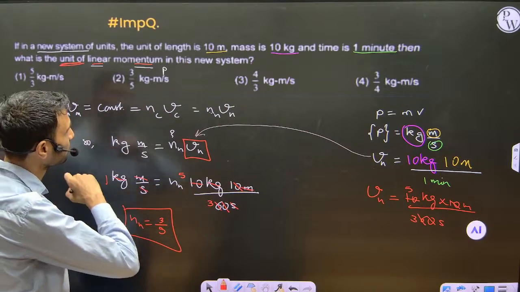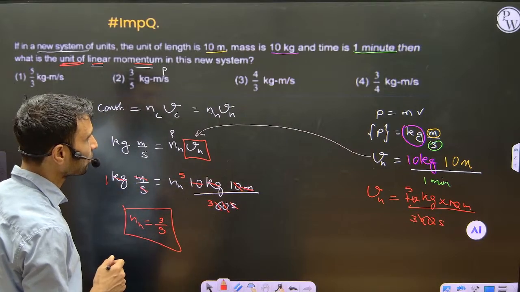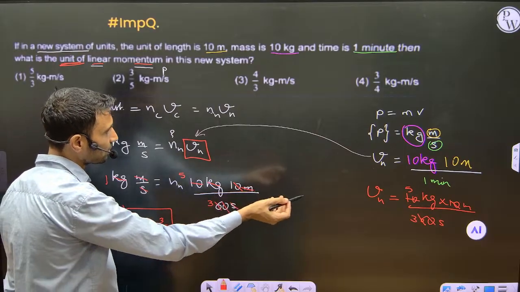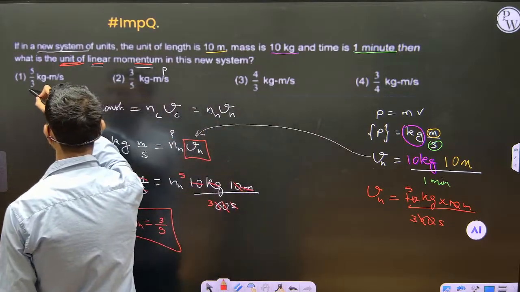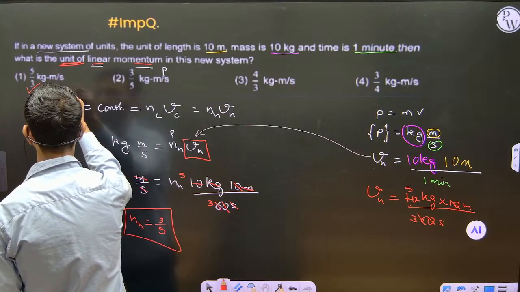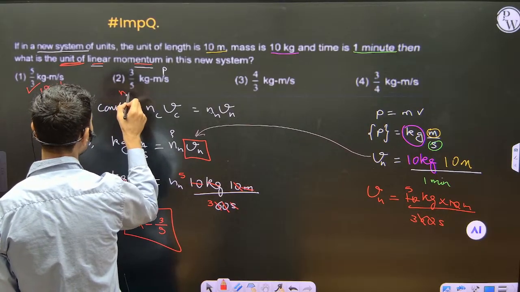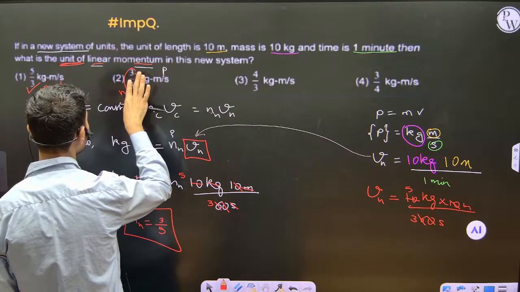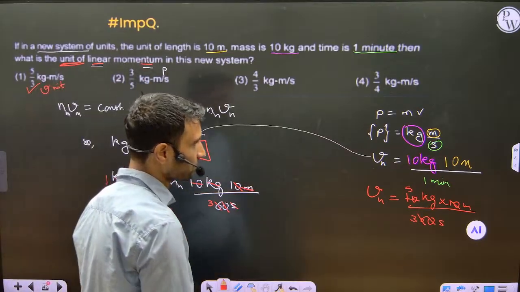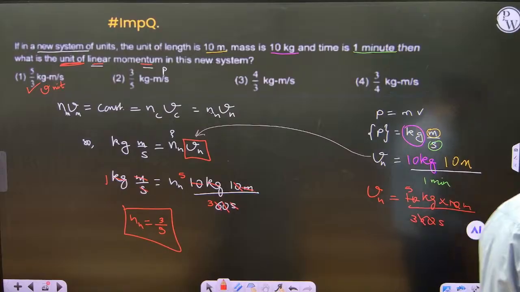They're asking the unit. So unit will be 5 by 3 kg meter per second; this will be the unit, and the other will be the number. If you want the number, it will be there, but they're not asking the number.